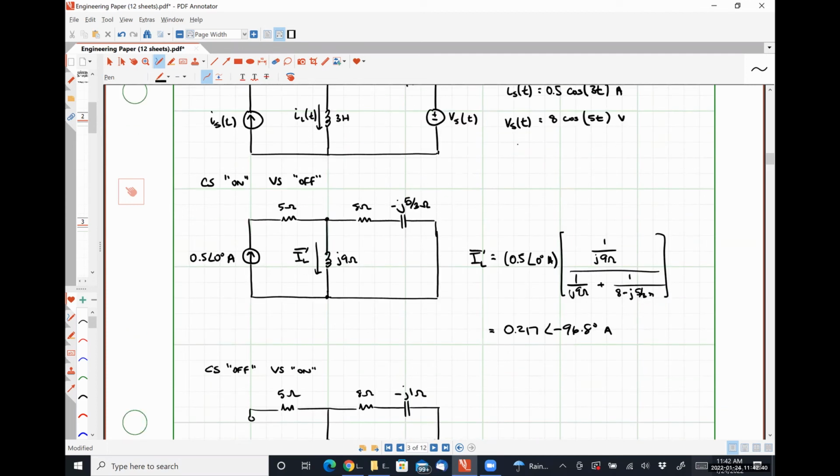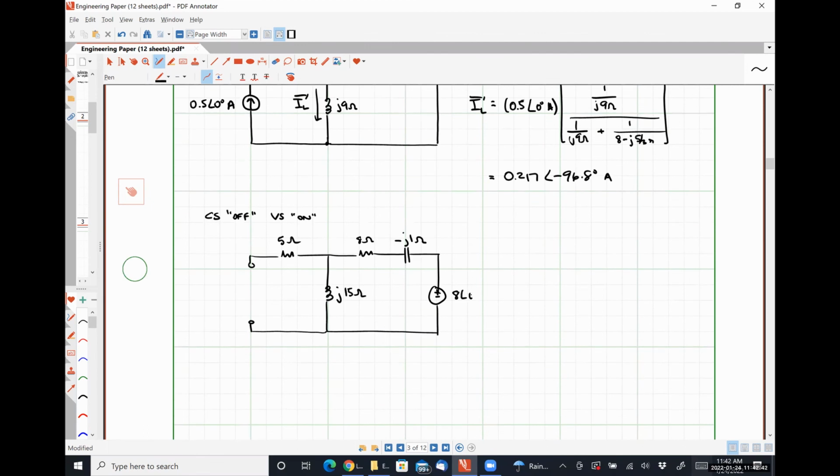And then this voltage is 8 angle 0 degrees volts. Here's our quantity IL double prime. And we can see easily that IL double prime is just 8 angle 0 degrees volts divided by 8 minus J1 ohms plus J15 ohms.